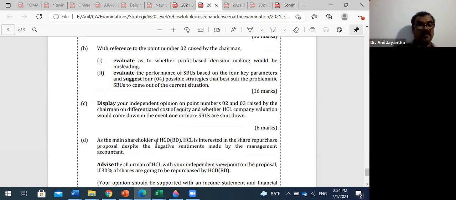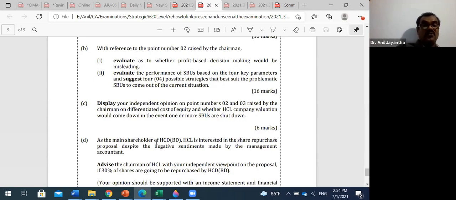See, display. It's a display. So display has to be materialized in terms of words. Display your independent opinion on point number 2 and 3 raised by the chairman on differentiated cost of equity and whether HCL company valuation would come down in the event one or more SBUs are shut down.